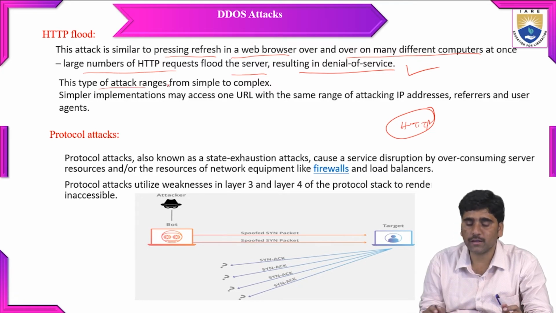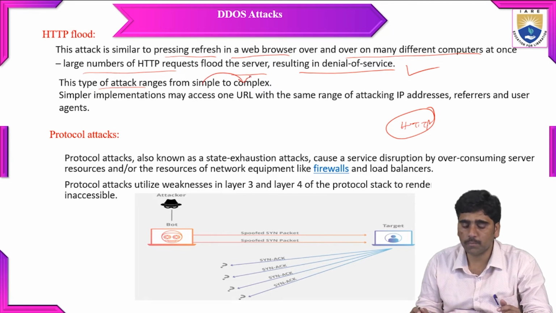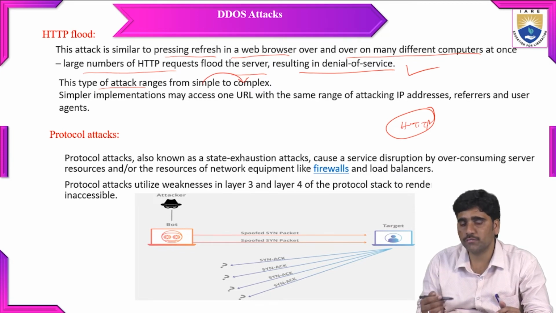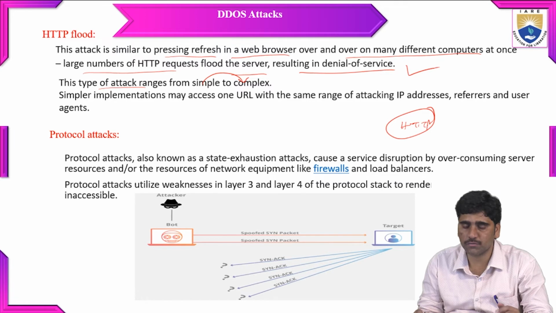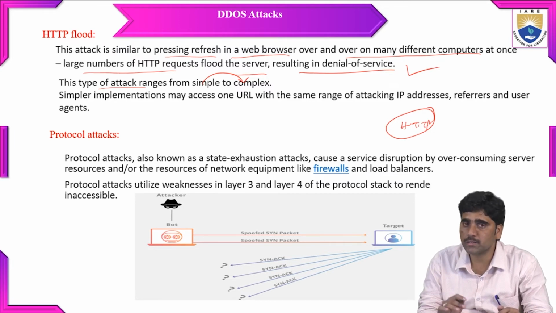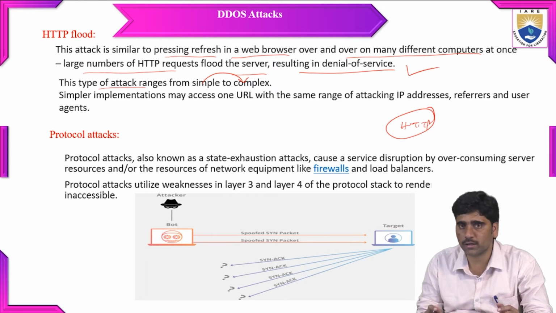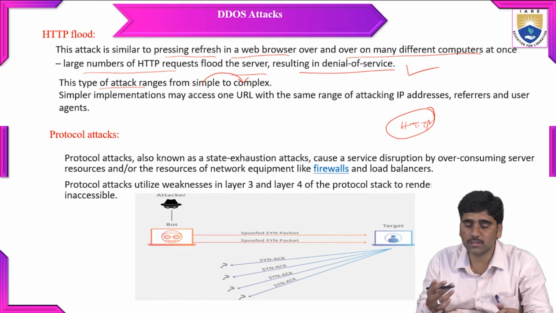This type of attack ranges from simple to complex. Because we are doing a refresh of the website every time, if any website gets slow, we automatically refresh it again. So the attack ranges from simple to complex. If you do it one time, that is a simple attack, but if you do it more times, there is a chance of getting a complex attack.